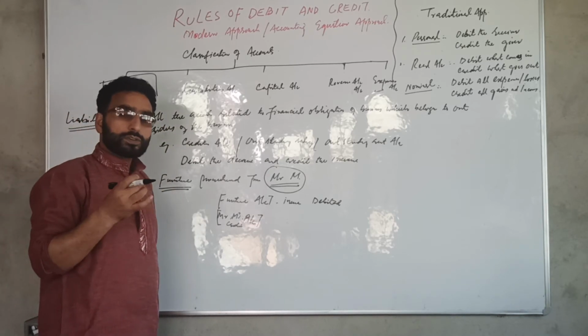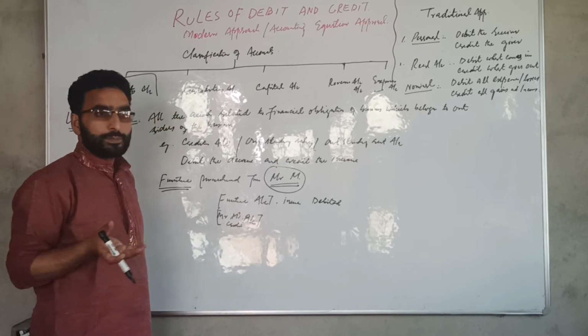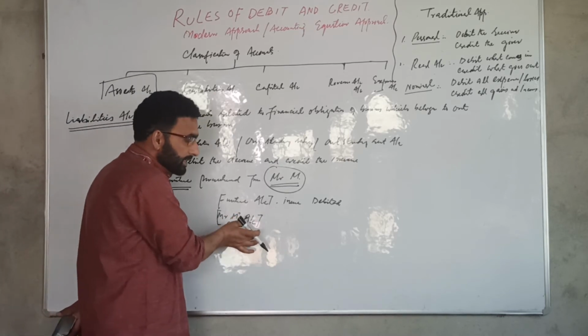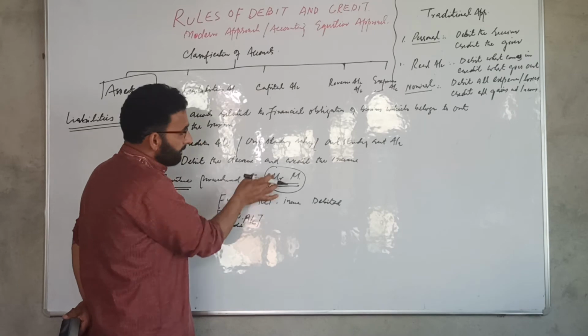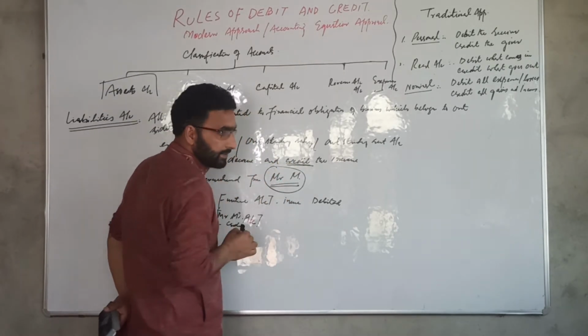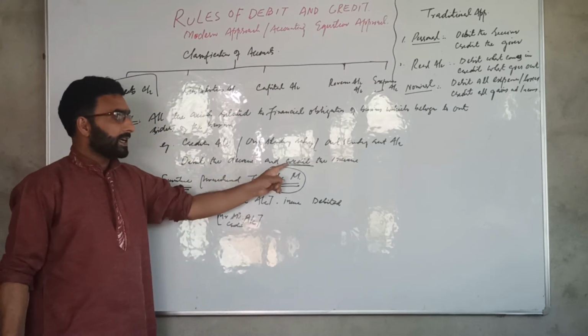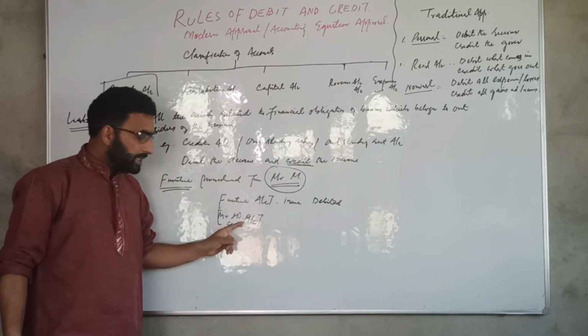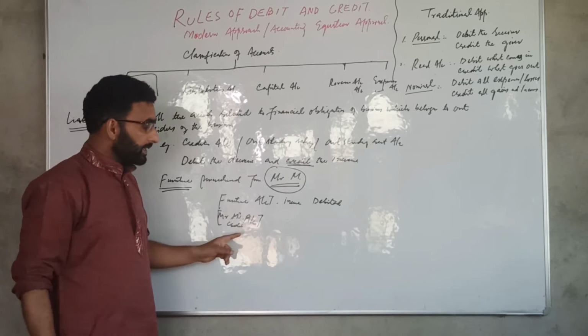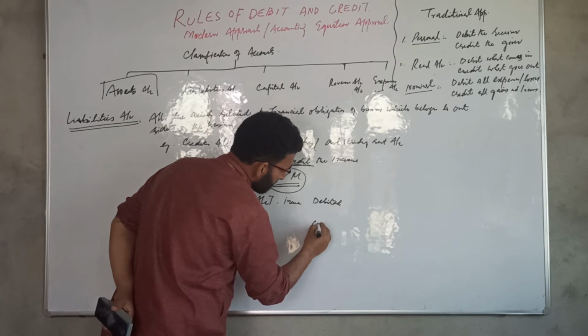The business owes money to Mr. M. So the liability is increased, and when there is an increase in liability, the liabilities account is credited. The rule for liabilities is debit the decrease and credit the increase. As per the rule, Mr. M's account is credited.